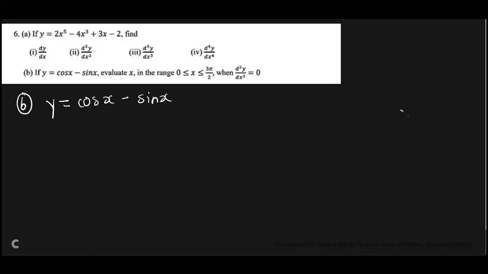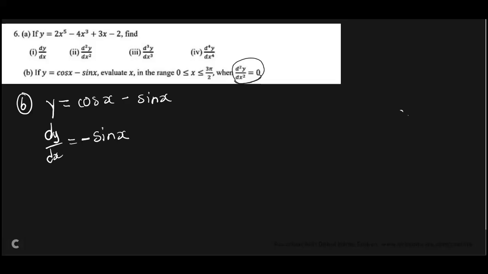Now the first thing is this: they're saying that you have to differentiate twice. So let's differentiate this for the second time. When you differentiate cos x, it becomes negative sin x.